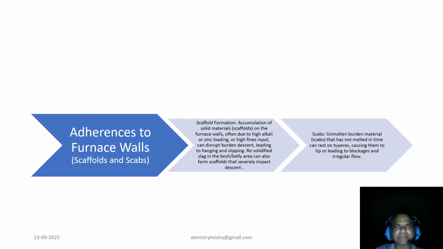And many times we come across a phenomenon where an inadequate or poorly distributed coke layer causes ferrous layers to contact, forming a thick cohesive zone that is impermeable to gas. These zones directly lead to bridge formation and unstable burden descent.